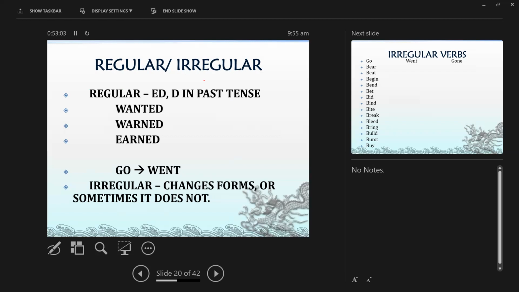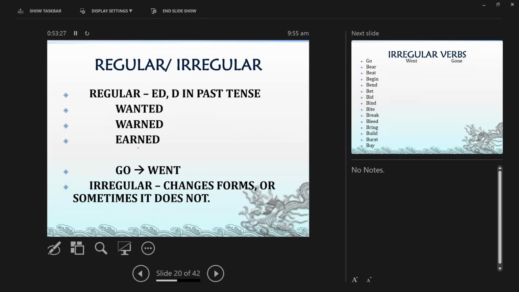Okay? Sometimes it changes, and there are cases that it doesn't change. It depends on the word that will be used. Again, what are examples of regular verbs? Wanted, printed, earned. To make it into past tense, you have to add ed.